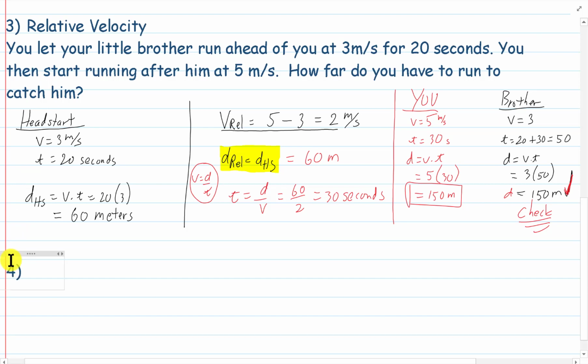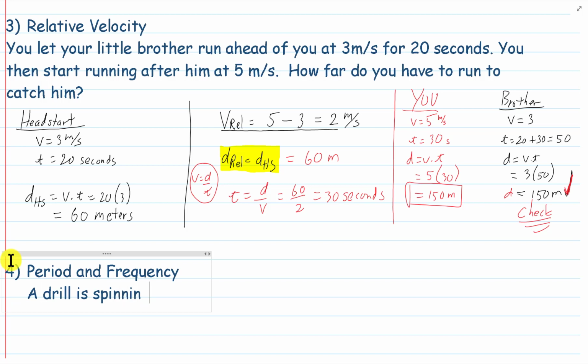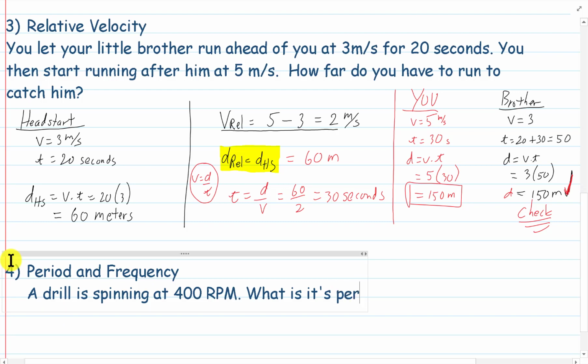Number 4. The topic of number 4 is period and frequency. A drill is spinning at 400 RPM. What is its period and frequency?